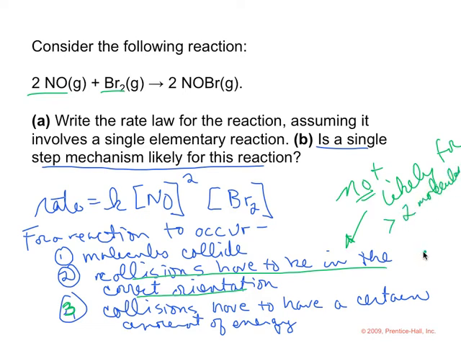So anytime I see a termolecular, 3 molecules in the reactants, it is not likely that it is a single elementary reaction. So the answer to B is no. It is not likely that this is the appropriate mechanism for this reaction because of those three molecules having to collide with the right orientation.